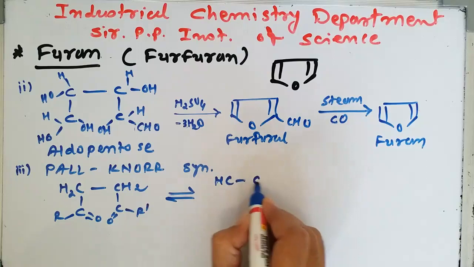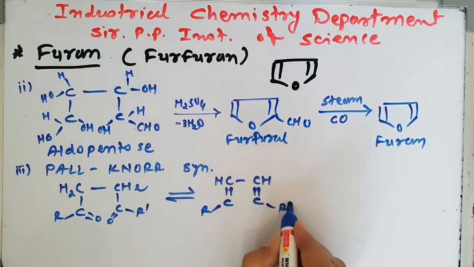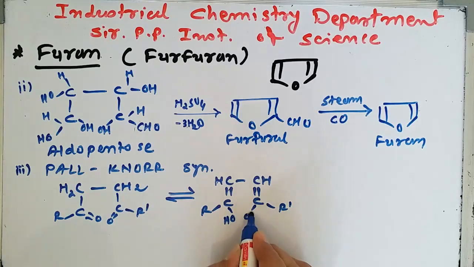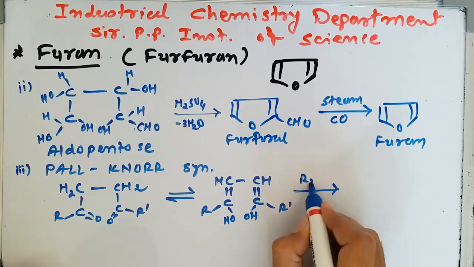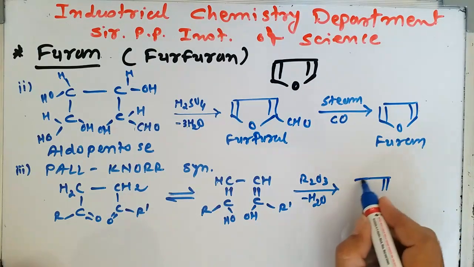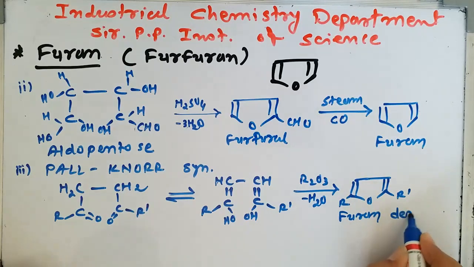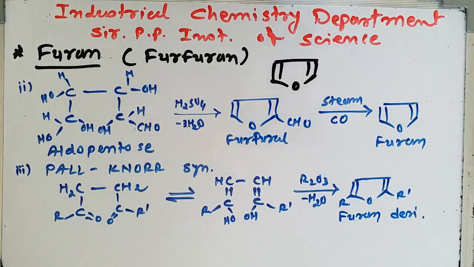The furan derivative, if a methyl group is present, is 2,5-dimethylfuran. So a 1,4-dicarbonyl compound on treatment with a dehydrating agent such as sulfuric acid, stannous chloride, phosphorus pentoxide, etc., is converted into furan.